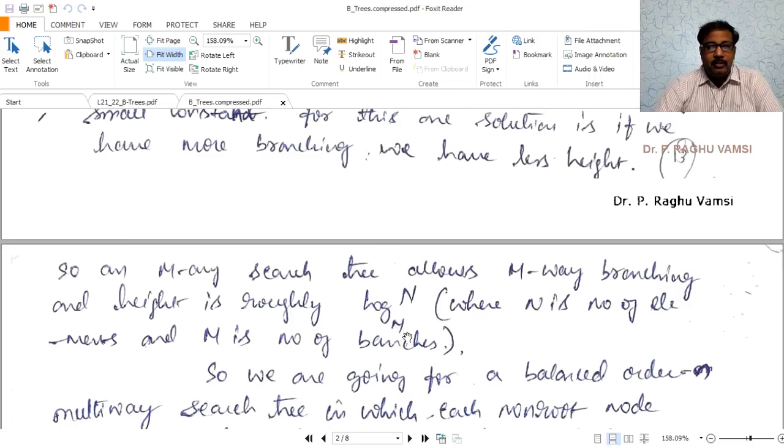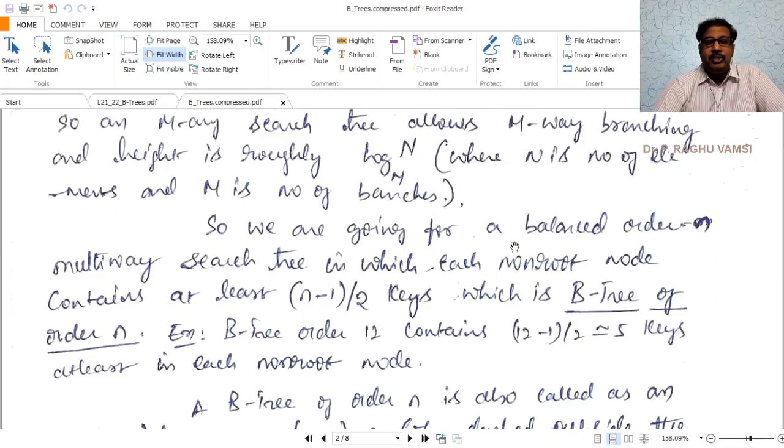When the base of the log increases, the resultant value decreases. This is the basic idea of the B tree arrangement. So we are going for a balanced, ordered, multi-way search tree.